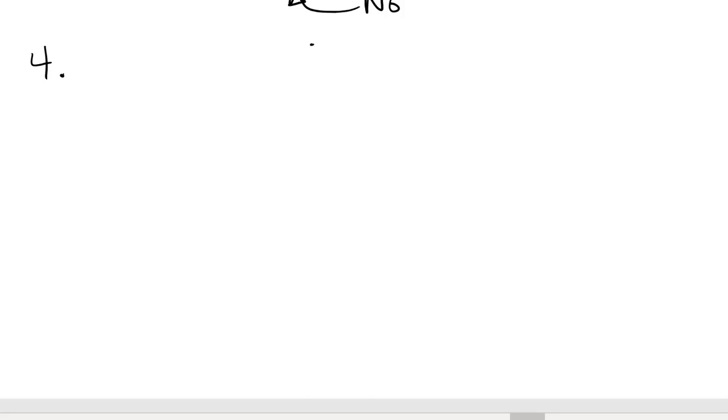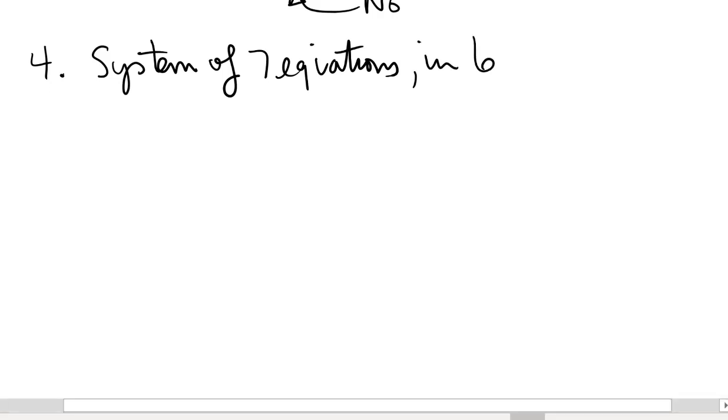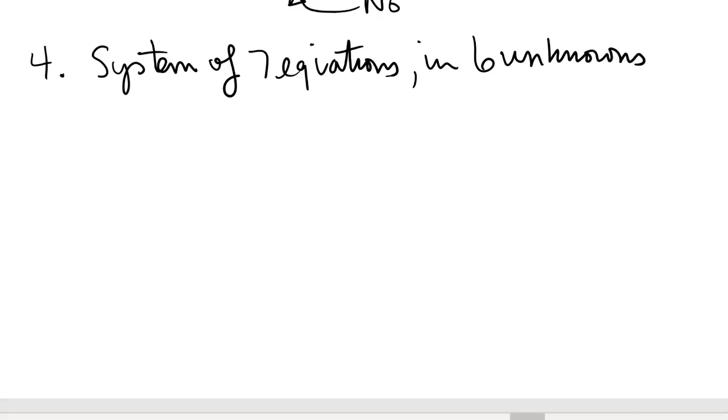Okay, problem 4. We have a system of 7 linear equations in 6 unknowns. So this is going back to the beginning of the course where we were thinking about systems of equations.